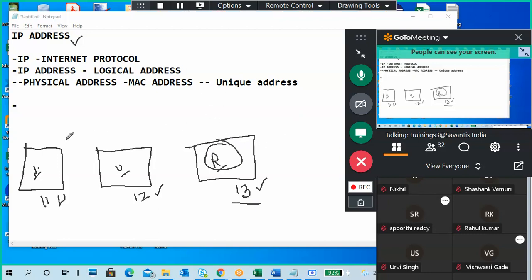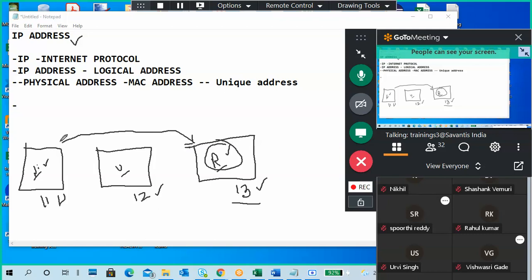So, Nikita wants to send a packet. She sends some message or a packet or a request to, what name did I say, Rahul, I think. Yes, Nikita sends a packet to Rahul. This is a computer name.